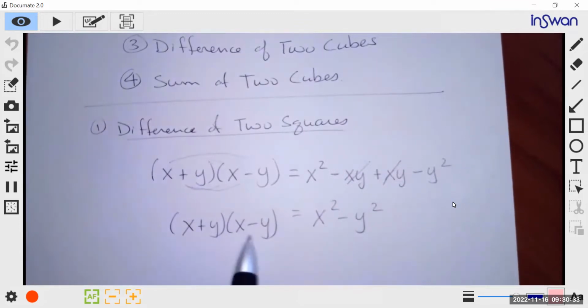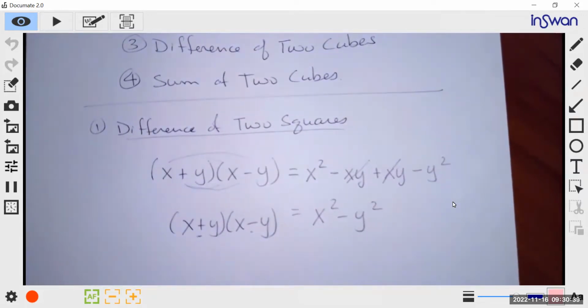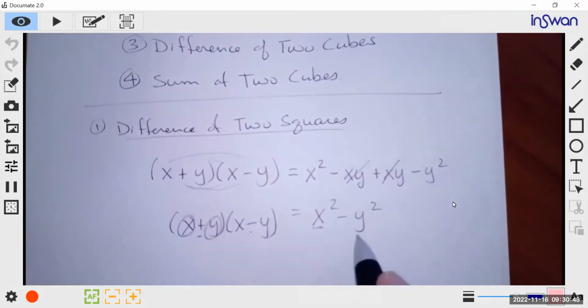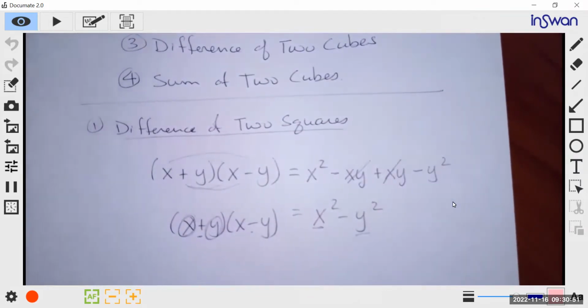These are called conjugates, remember I told you. The only thing different is the sign between them. One's plus, one's minus. Everything else is the same. Whatever this first term is, you square it. Whatever the second term is, you square it and put a minus between there and you're finished.